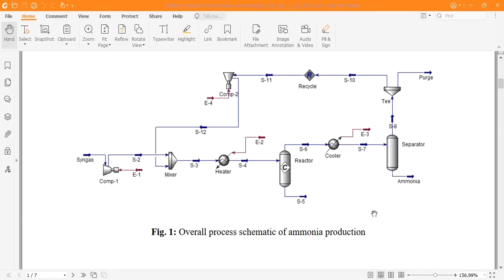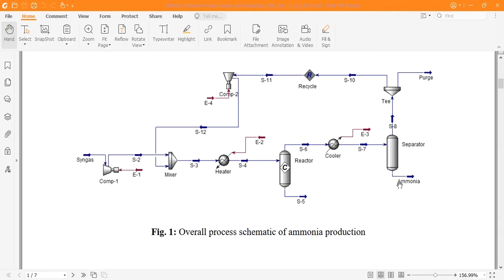We will be doing the simulation task in Aspen HYSYS, and this is the overall schematic of the production. As you can see, the syngas is first compressed using compressor 1, to which work is supplied, and the compressed stream is then passed through the mixer. I will talk about the recycling portion later, but first let's discuss this overall scheme. Syngas is first compressed, then passed through the heater, then sent to the conversion reactor, then cooled down, followed by separation.